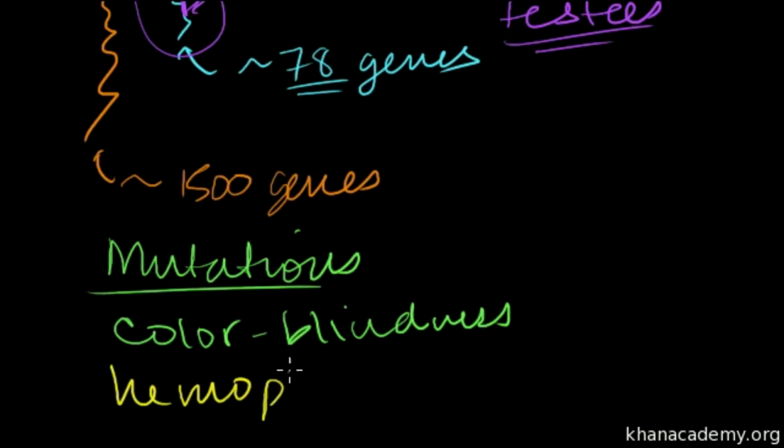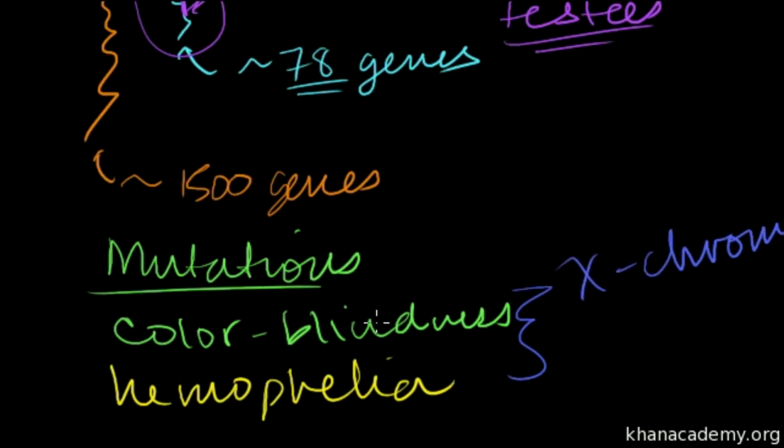Hemophilia is an inability of your blood to clot properly. Actually, there are several types of hemophilia. And both of these are mutations on the X chromosome.